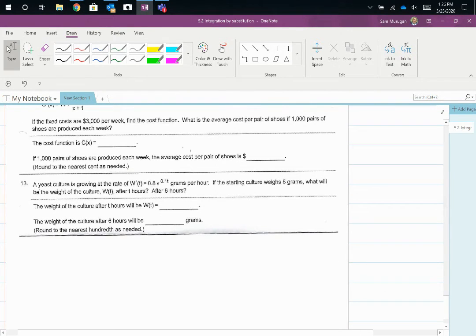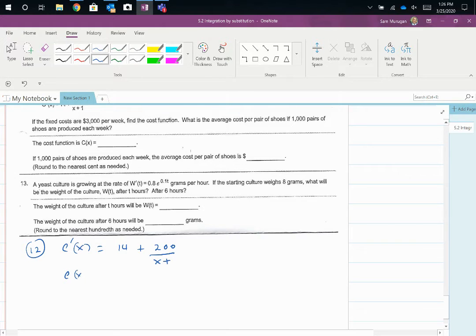So for question 12, we're given first that C prime x is equal to 14 plus 200 over x plus 1.